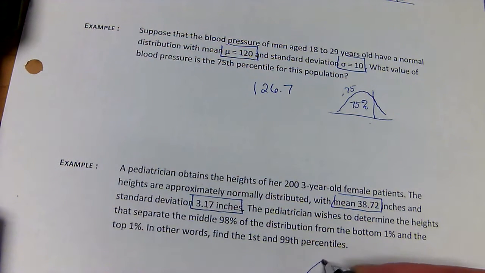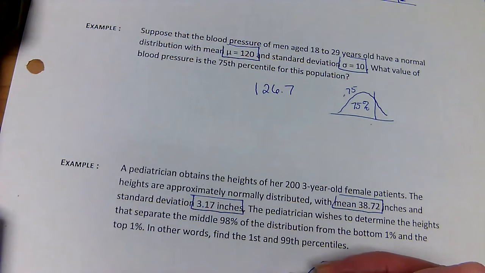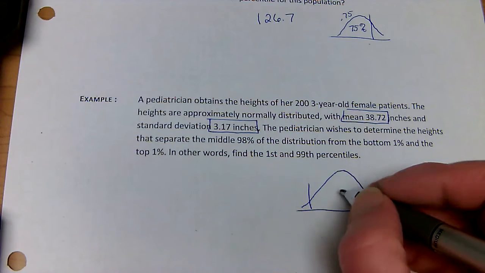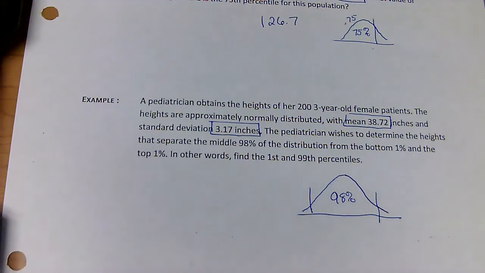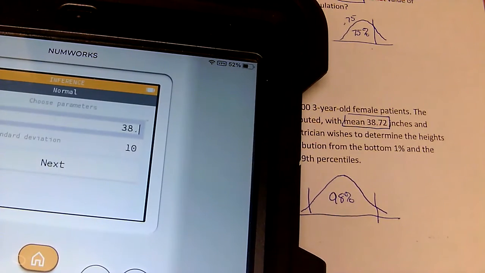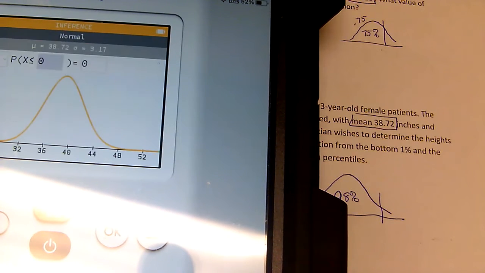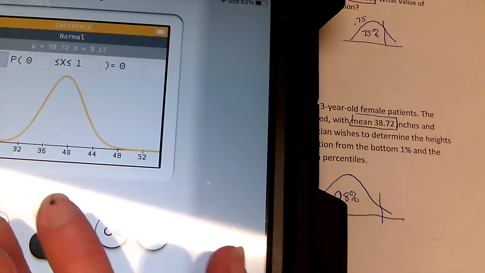So on our calculator, it is nice because we do have that option of doing the between. And we want this middle to be 98%. So we need to change our mean to be 38.72, and the standard deviation was 3.17. And I want the middle to be 0.98.